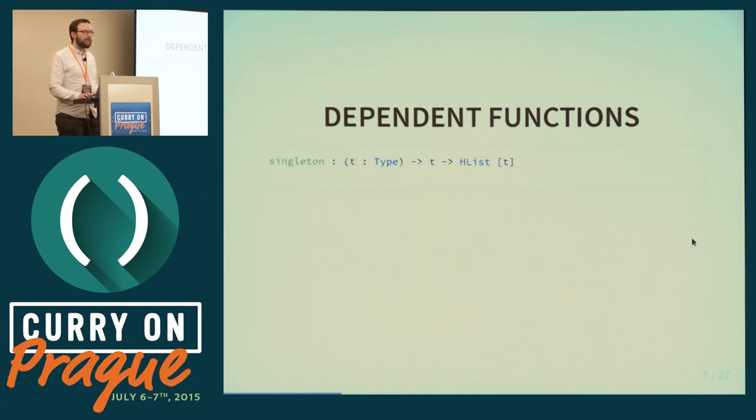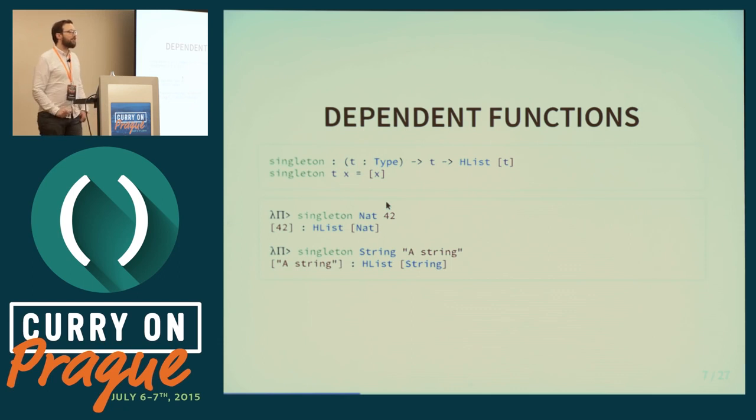So here we have a declaration of an operator called singleton. And singleton takes some type named t, and then it takes an element of whatever type I gave it, which is to say an element of t, and then it gives back an HList containing precisely one t, whatever t happened to be. And the definition of this is singleton t x is x cons nil, which is what the square brackets mean here.